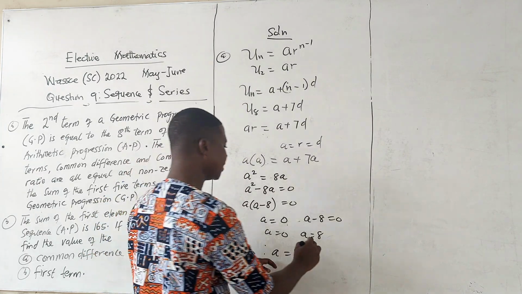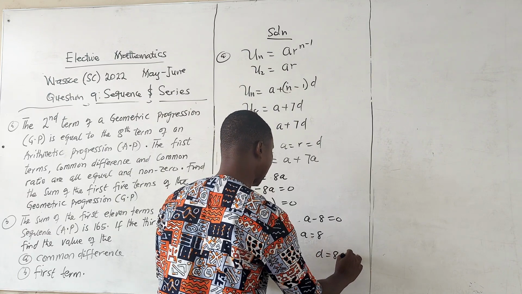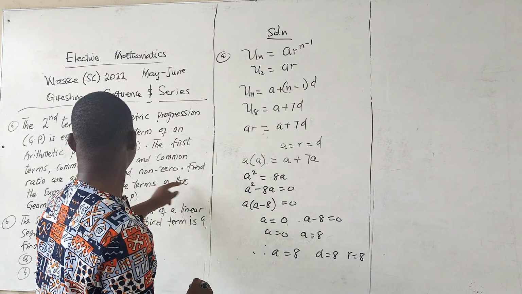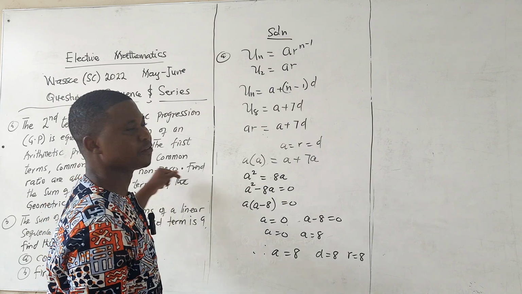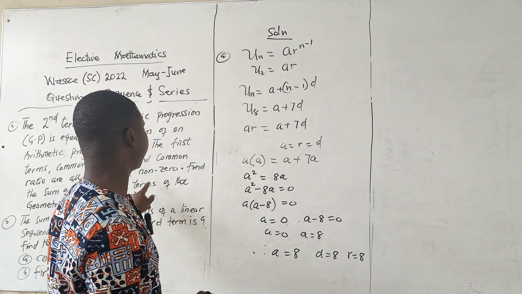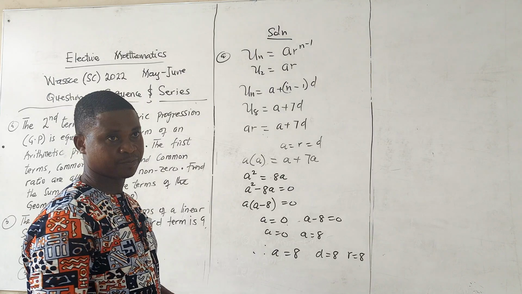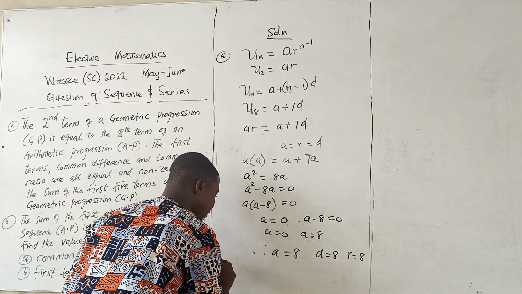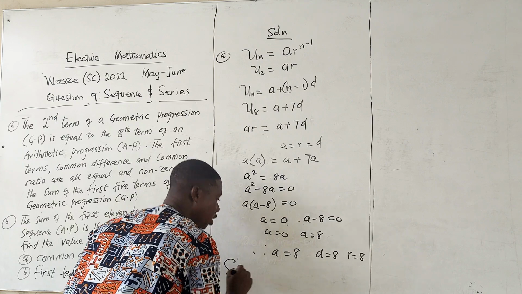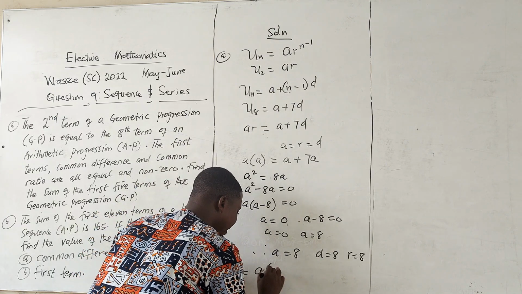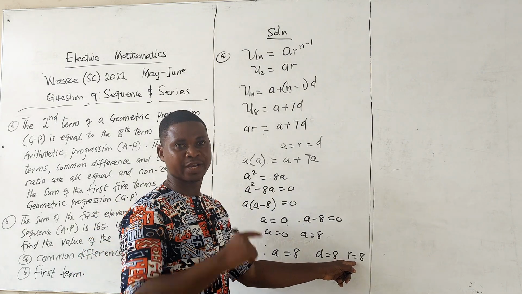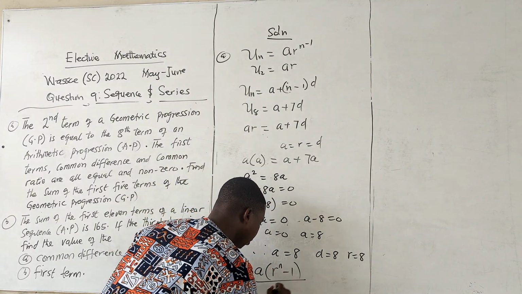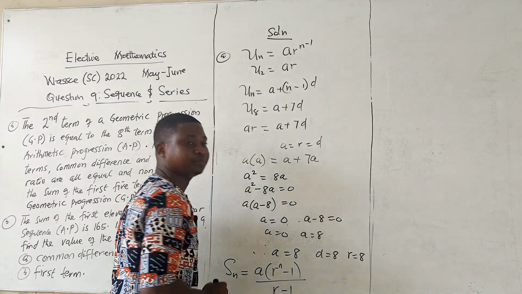If A is 8, it means our D will also be 8 and our R will also be 8. Now the question says to find the sum of the first 5 terms of the GP. For a GP, the formula is Sn equal to A into bracket, since our ratio is more than 1, R to the power n minus 1, all over R minus 1.